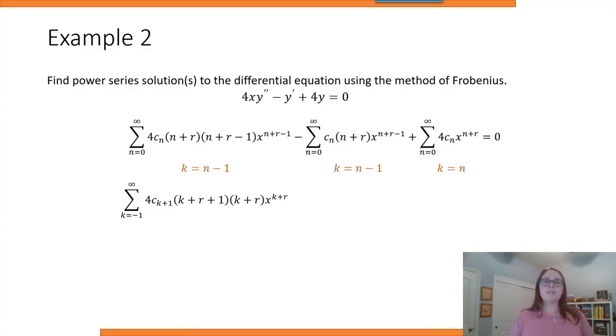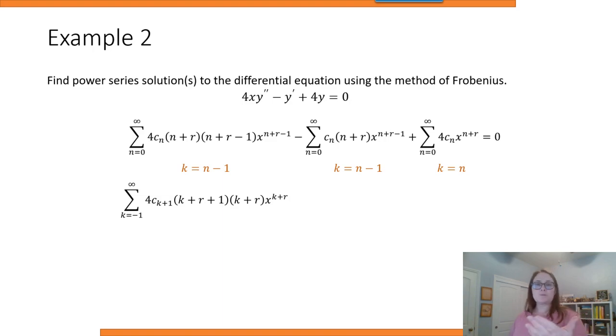And everywhere there's an n, I'm going to swap it out for k plus 1, since that's what n would be equal to if I solve k equals n minus 1. So I end up with a kth term now of 4c_(k+1) times k plus r plus 1 times k plus r times x to the k plus r.